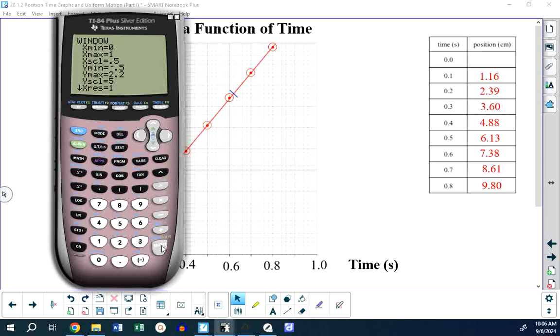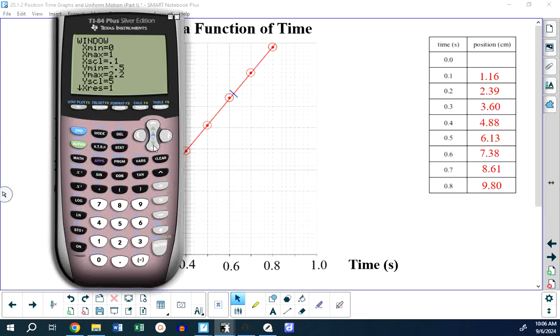Does anybody know what that X scale does? It's going to be where the ticks are. So if I go X scale 0.1, then on my graph I'm going to see a tick at 0.1, 0.2, 0.3. Who cares what it is? But it's nice to have it set up that way. Now what about my Y?